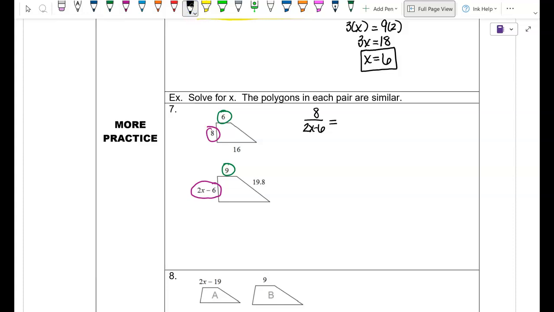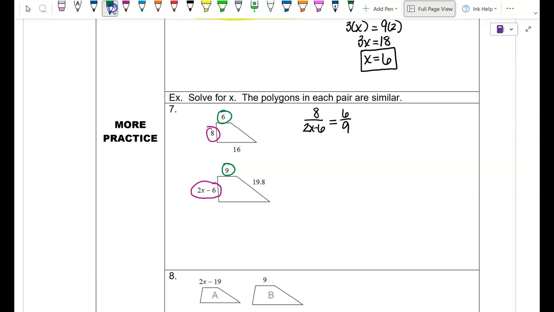So my other ratio on the other side of the equal sign would be 6 over 9. And again, the first ratio, I went the top figure to the bottom figure. So the second ratio has to follow that same order. Top figure to bottom figure.